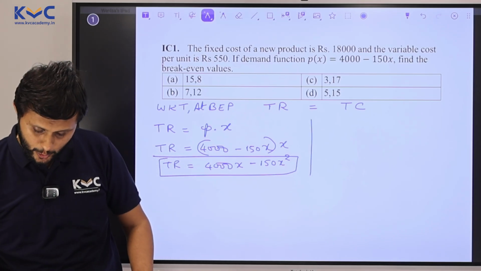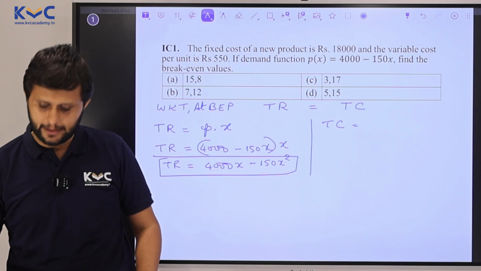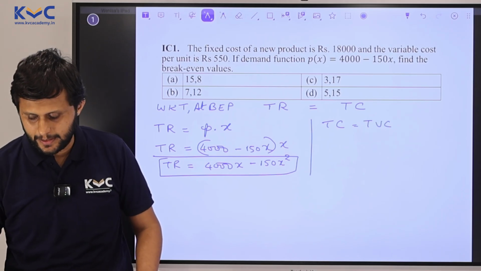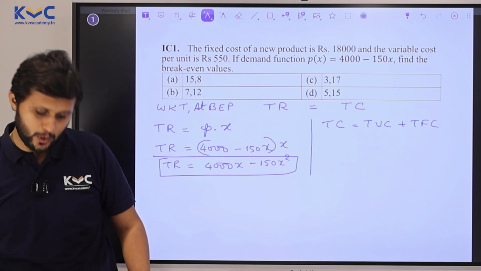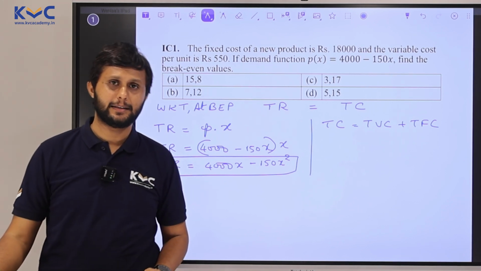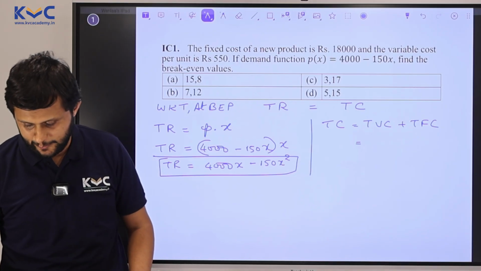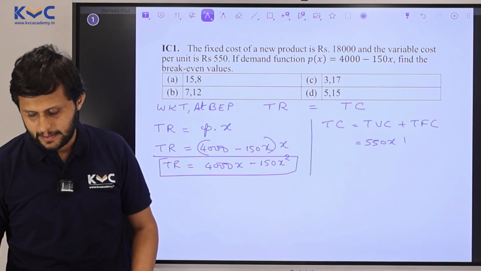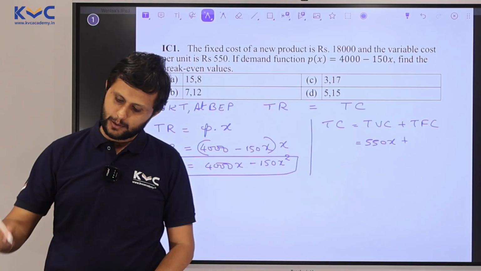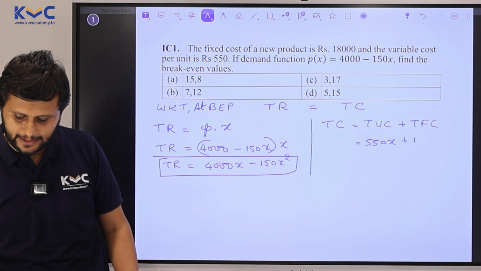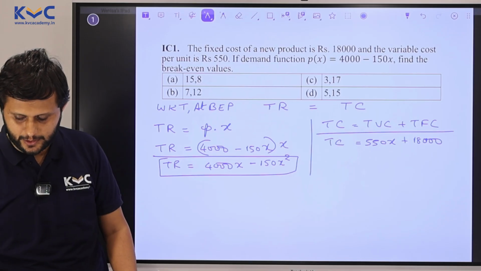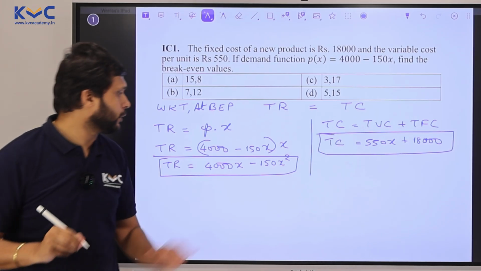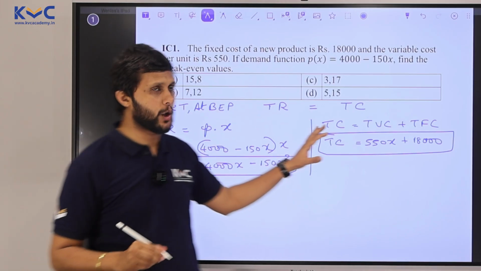Then we have total cost. Total cost is given by total variable cost plus total fixed cost. Variable cost is said to be 550, that is per unit. So we have 550 into x plus total fixed cost is 18,000. This is my total cost function. So I have total revenue over here, I have total cost over here.